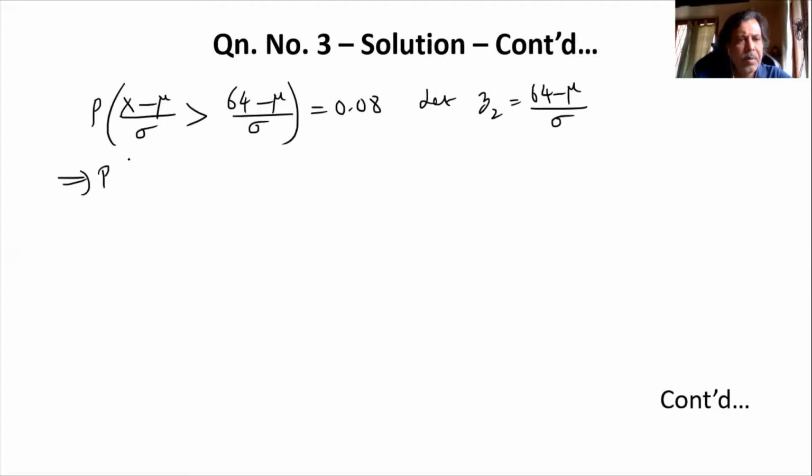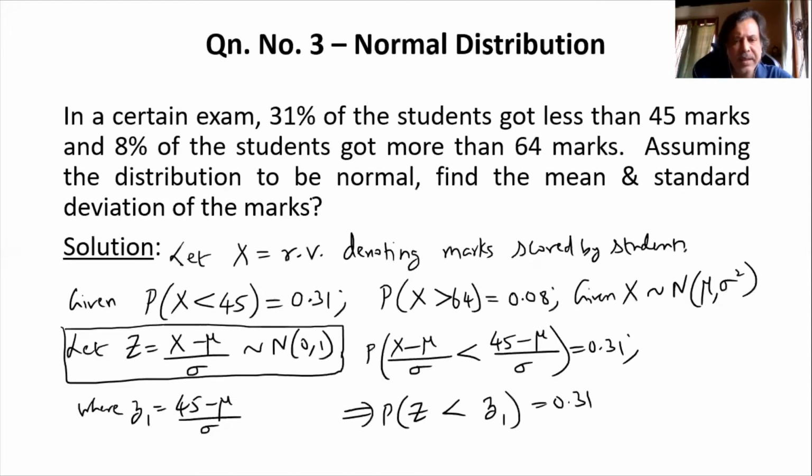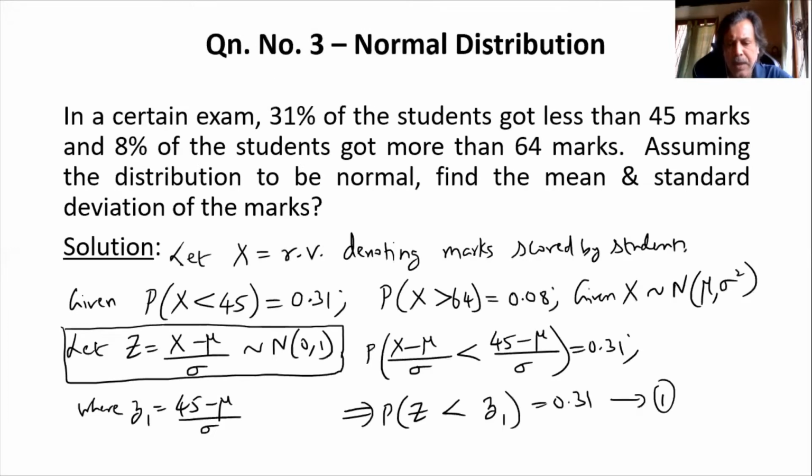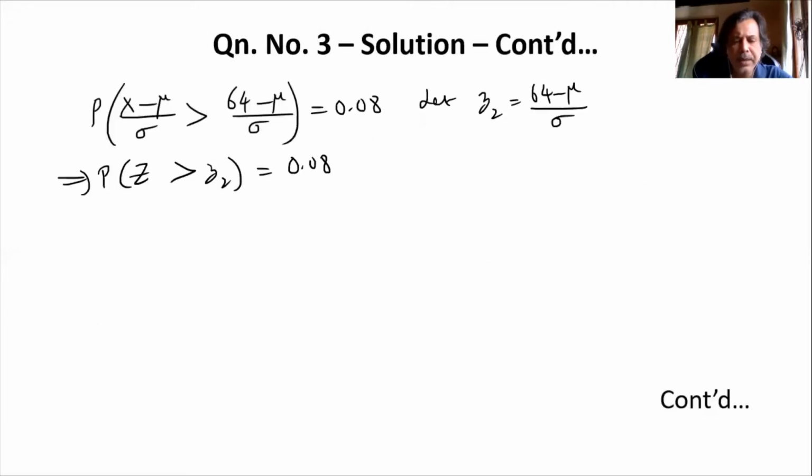This will become probability of Z larger than Z2 is 0.08. Now, this one we will call it as 1 and this one we will call it as 2. Here it is less than, here it is greater than.